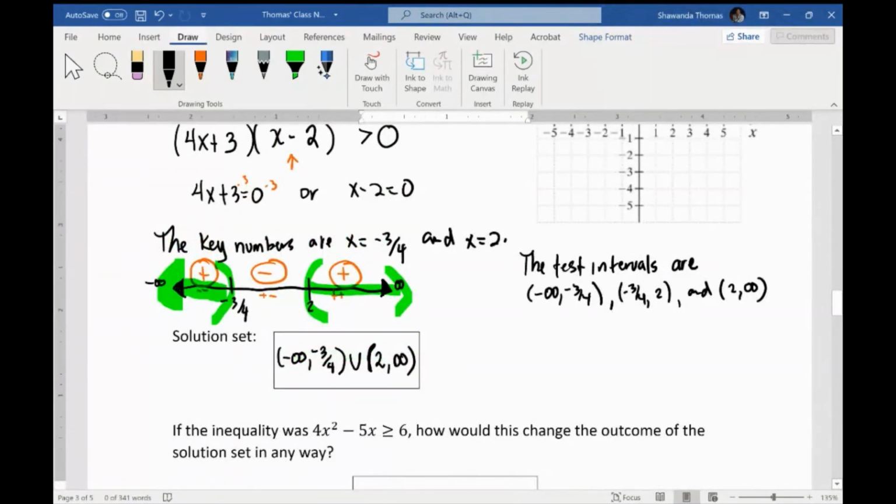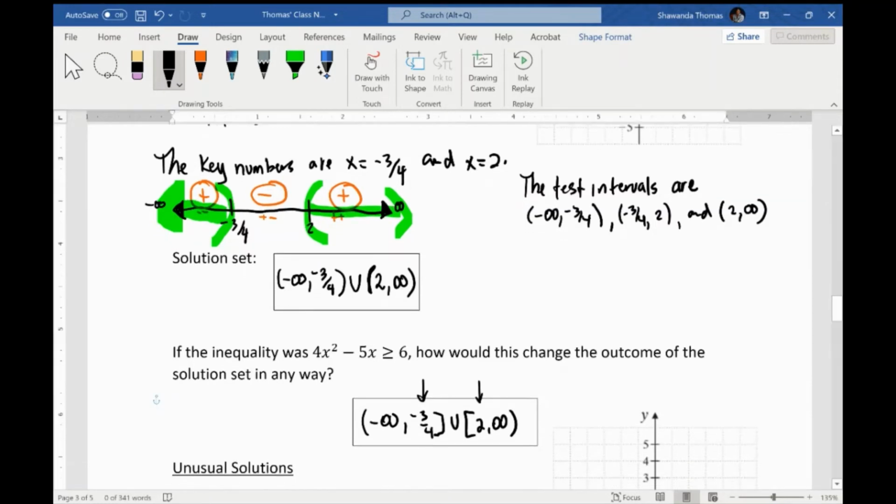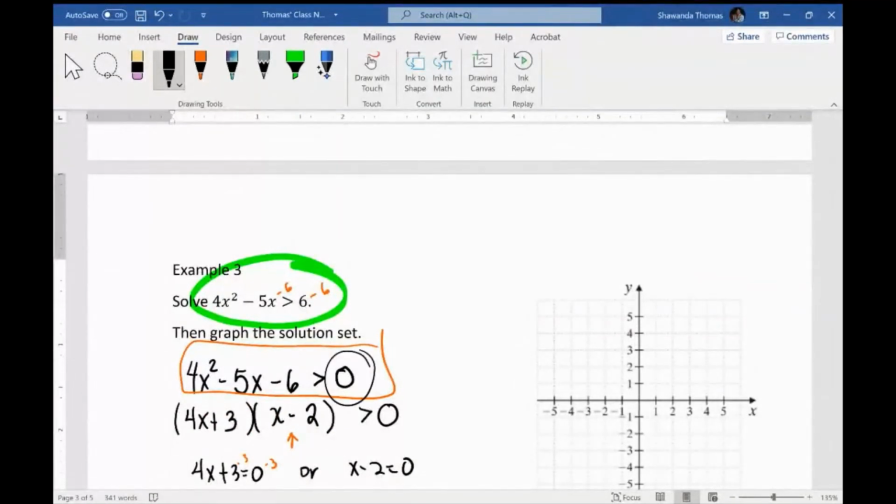Parentheses negative infinity negative 3/4 with the bracket. Yes. All right. Glad you caught it. And then union, then bracket 2 comma positive infinity with the parentheses. Yes. So if it said equal to, we do want those numbers included, because those are the numbers that will make it equal to 0. Okay. So very good.